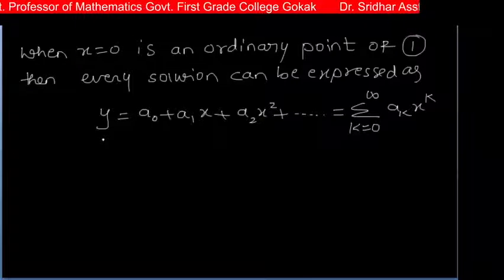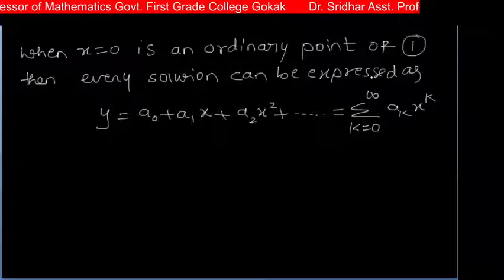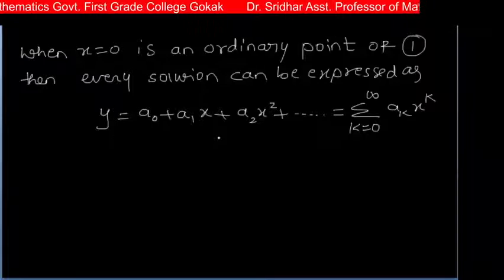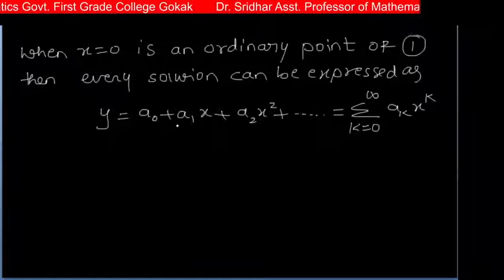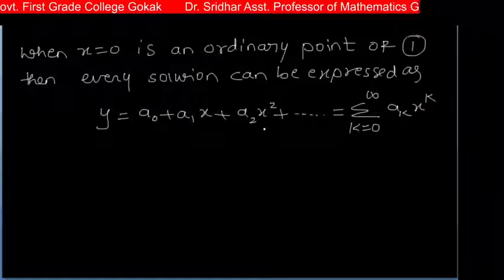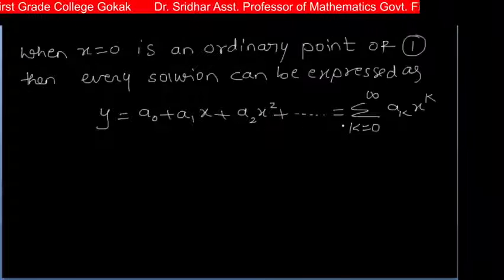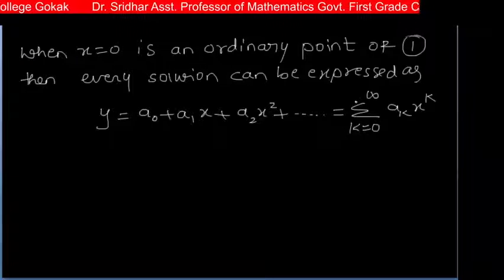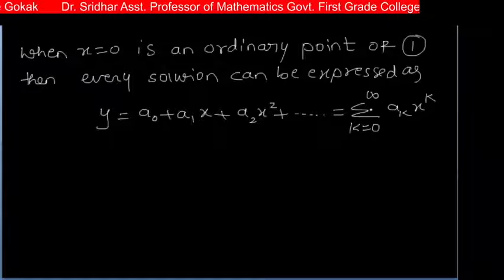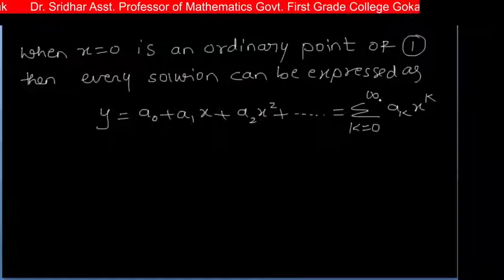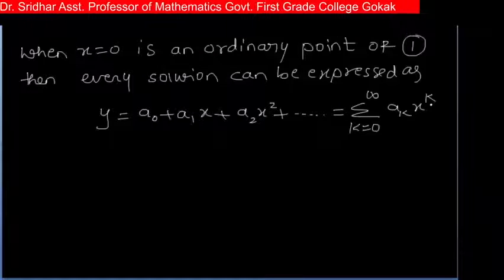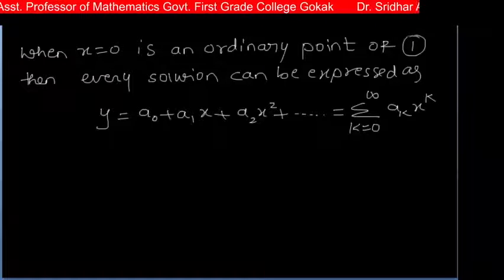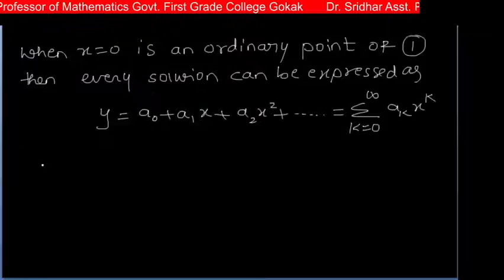So if x is equal to 0 is an ordinary point of 1, then the solution can be written in this form. y is equal to a naught plus a1x plus a2x square plus so on, which can be written in a simplified manner, that is in summation form: summation from k is equal to 0 to infinity ak x to the power k. Okay, this is one method.